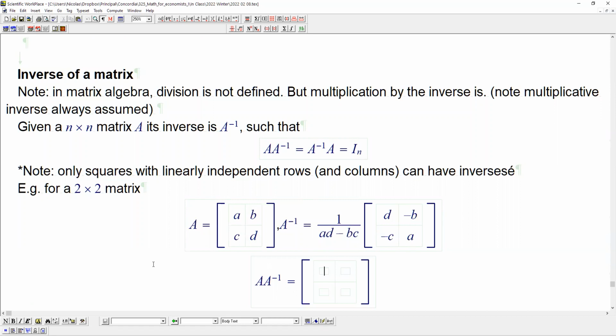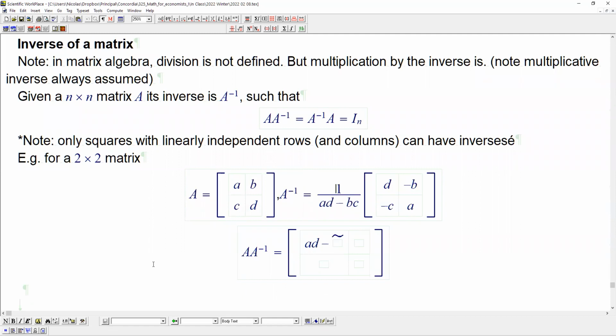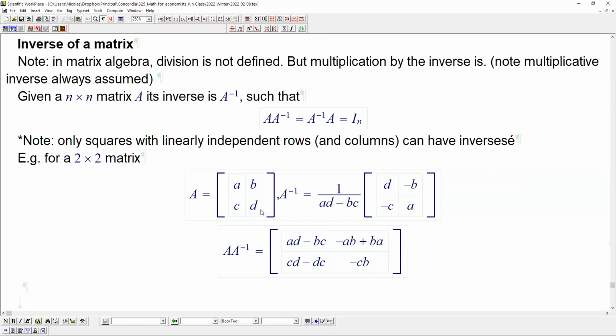All right, so here I get AD minus BC. I put some shortcuts and I shouldn't do that. And then the second one is A times minus B, so minus AB, and B times A plus BA. Here I get C times D minus DC. And finally, I get C minus B, minus CD plus DA.